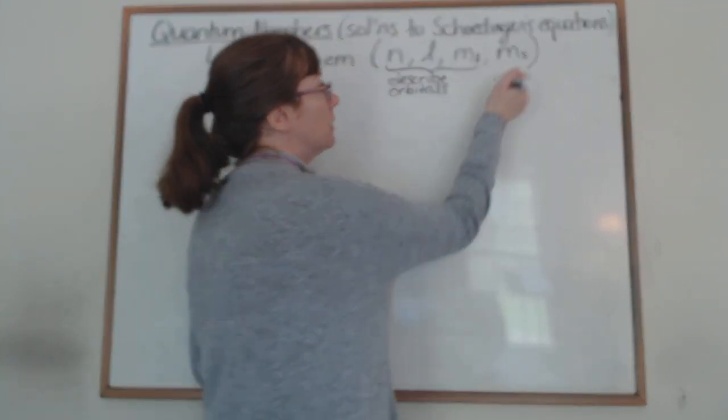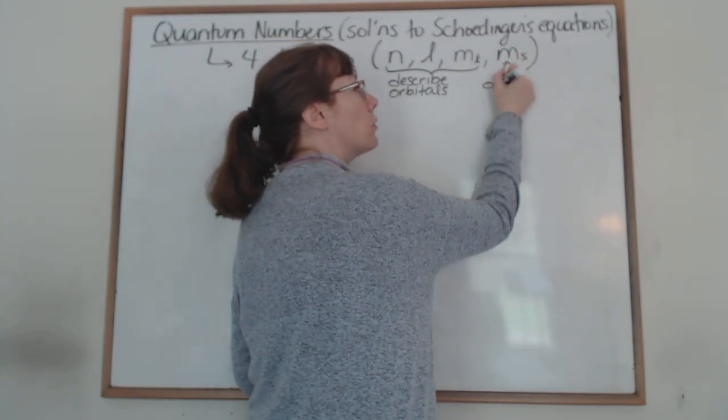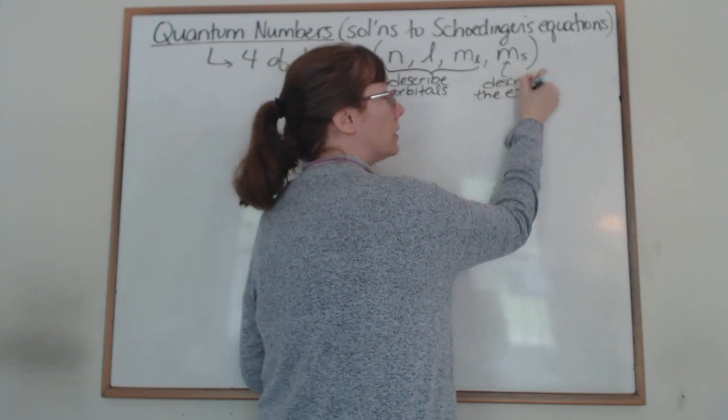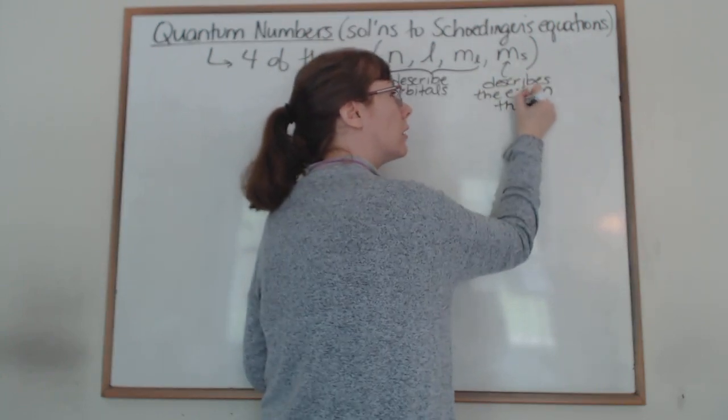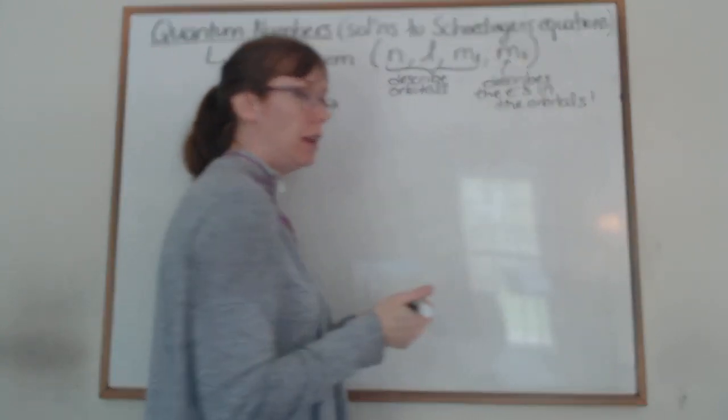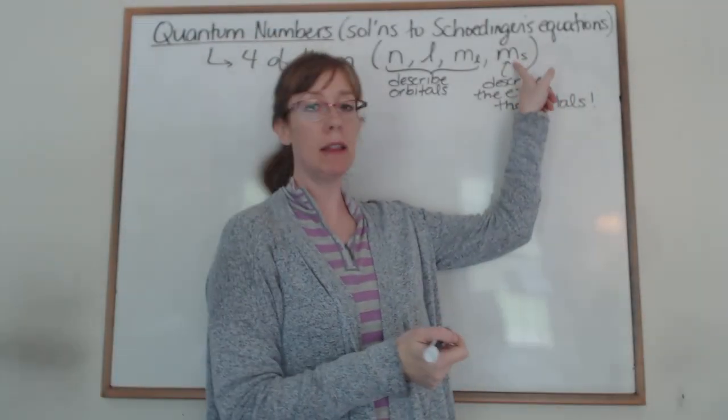The 4th one's a little different. This one describes the electrons in the orbitals. So of the 4, he's a little different. This one focuses on telling you something about the electrons.